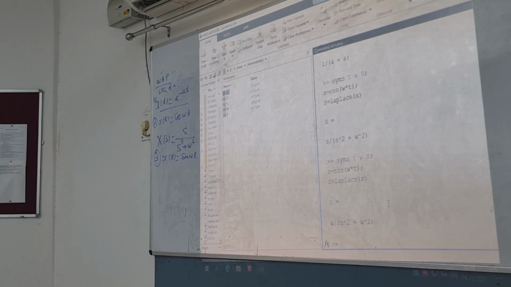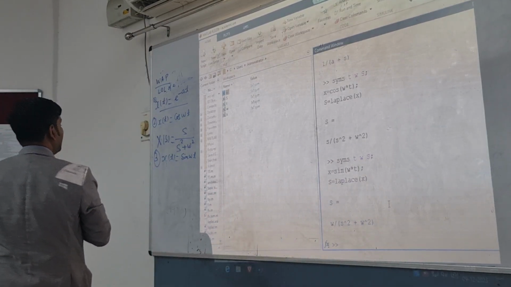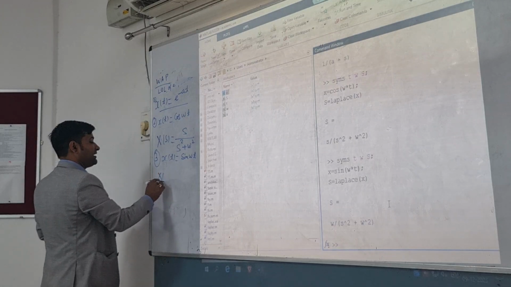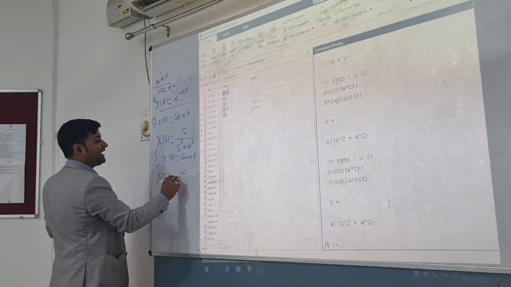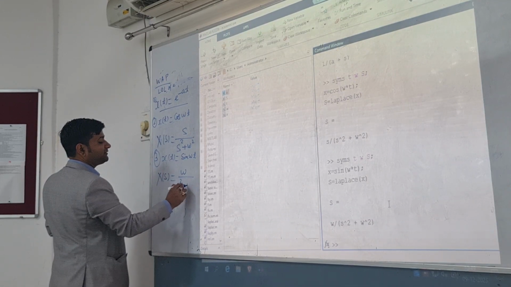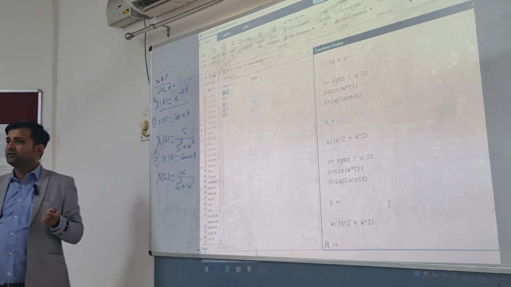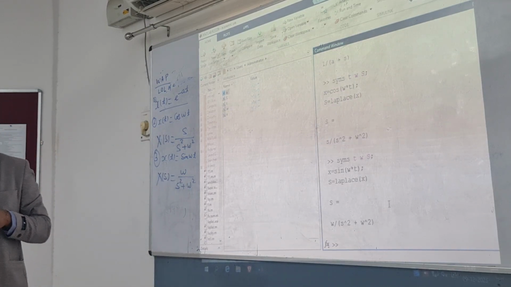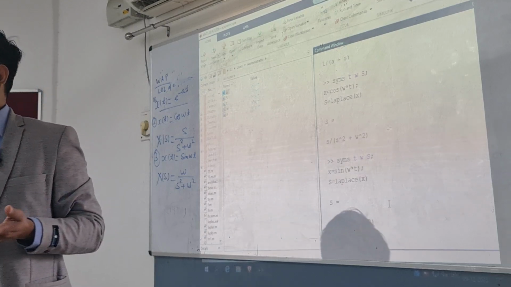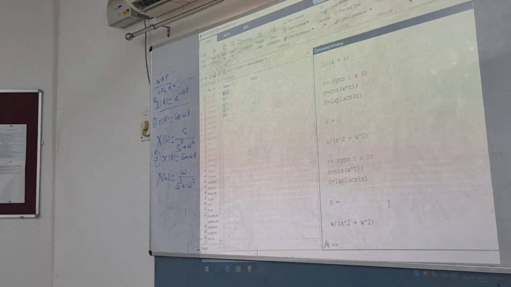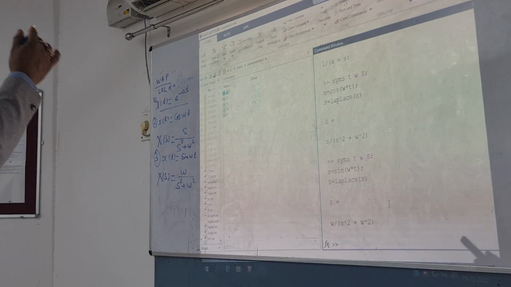The Laplace transform of this sine function can be written as omega upon s square plus omega square. You also know the standard result of the sine and cosine function Laplace transform. You have already cross-checked this result by taking the Laplace transform of this function individually.